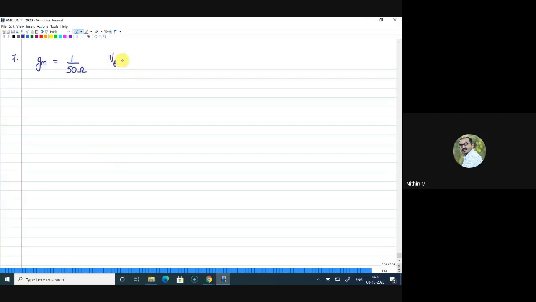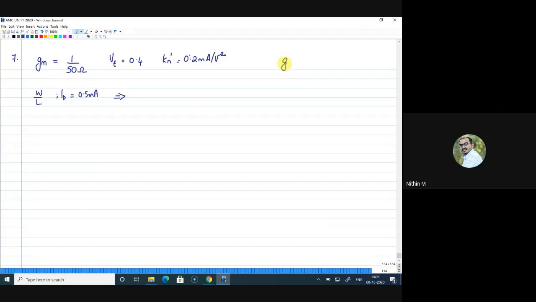VT is given as 0.4. Kn dash, which is mu n Cox, is 0.2 milliamps per volt square. The question is to find W by L if ID is given as 0.5 milliamps. This is the first part of the question. The question is based on GM, the transconductance.